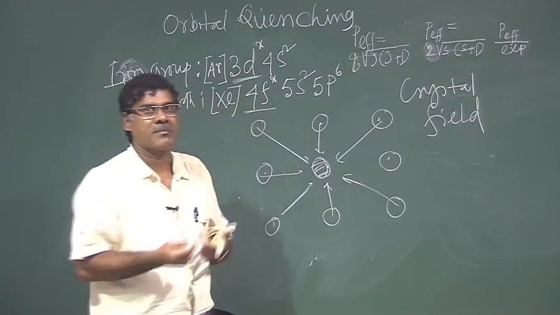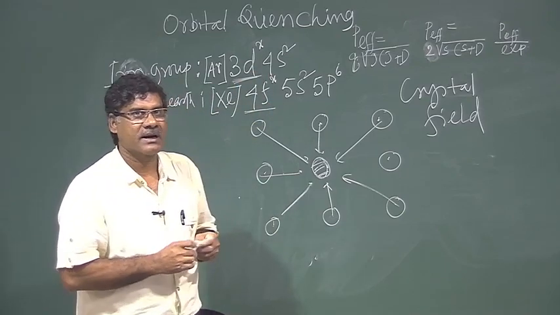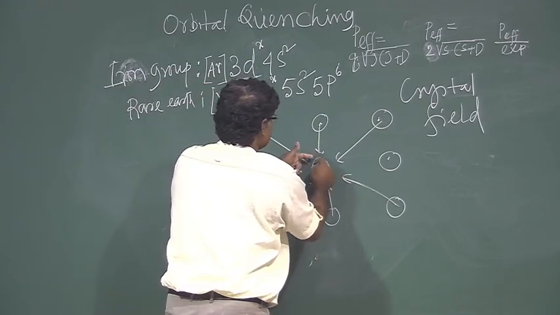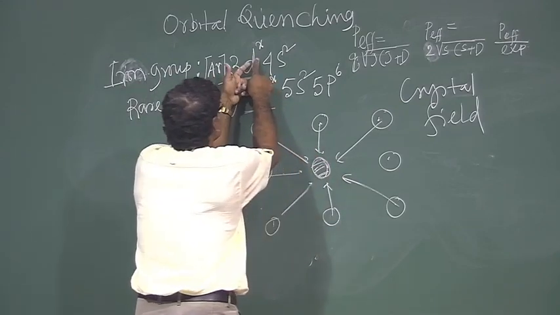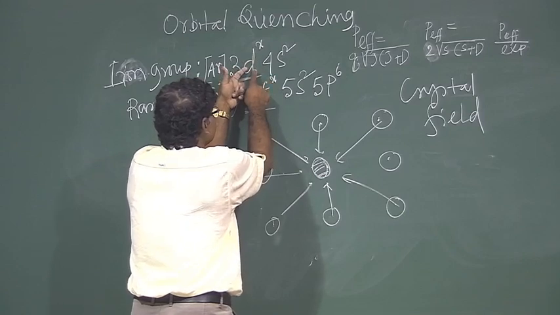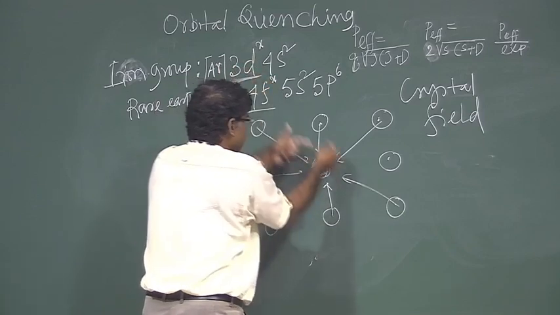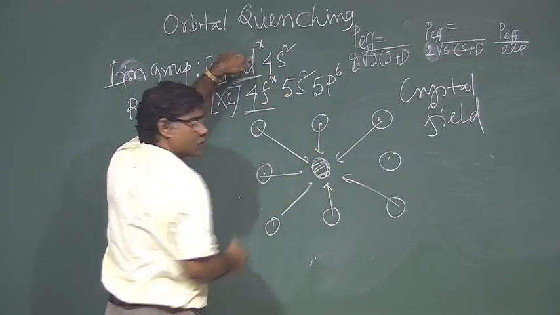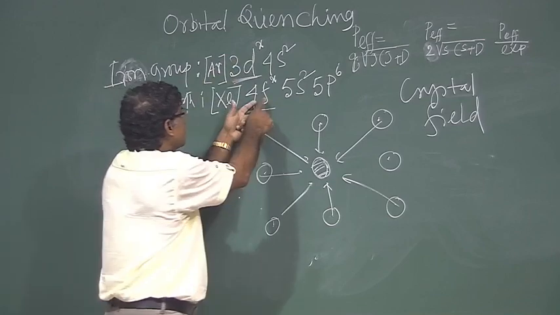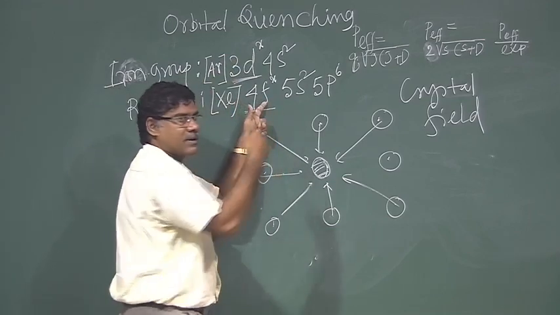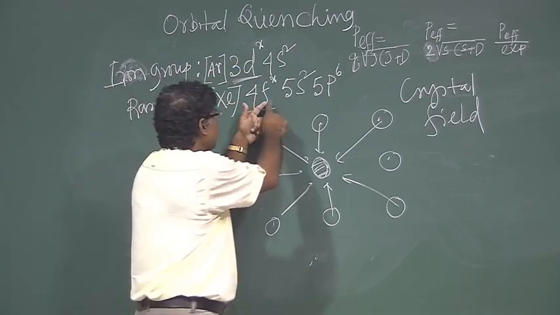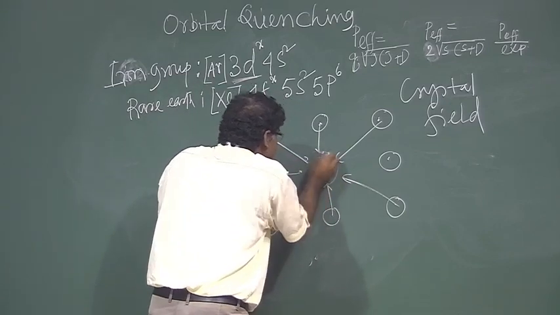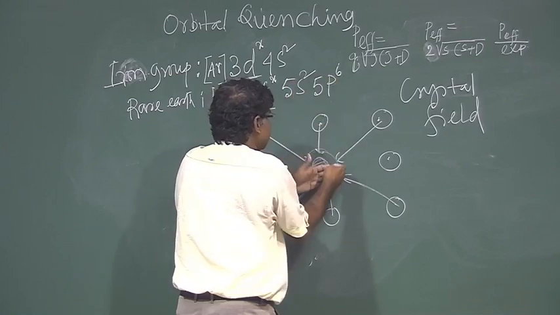Since 3d is outside, this shell will be affected more than the 4f shell, because the 4f shell is contributing to the magnetic moment, but outside it the 5p shell is there.